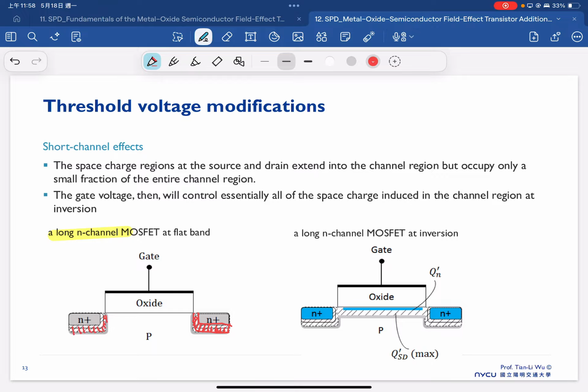So you have a channel length here. This is WSP here. Now the WSP is much smaller than the channel length, so therefore we won't see any influence here.